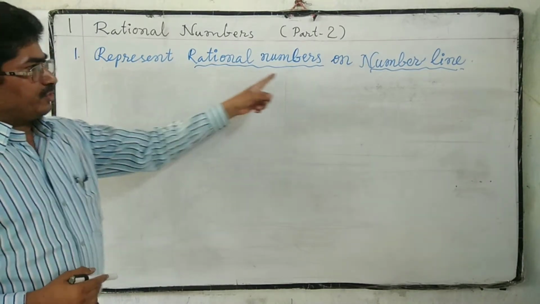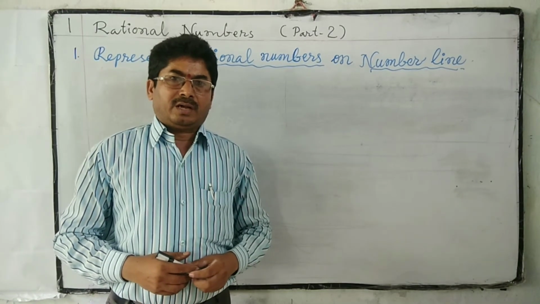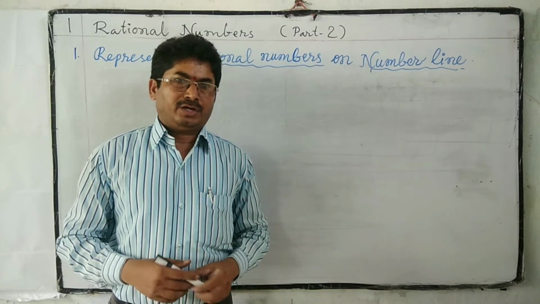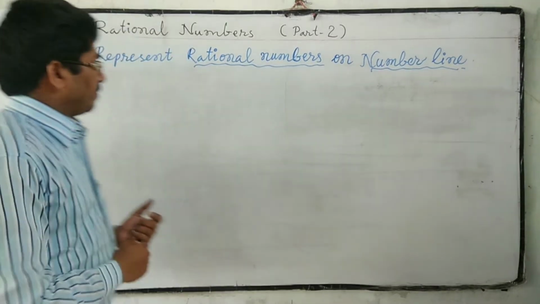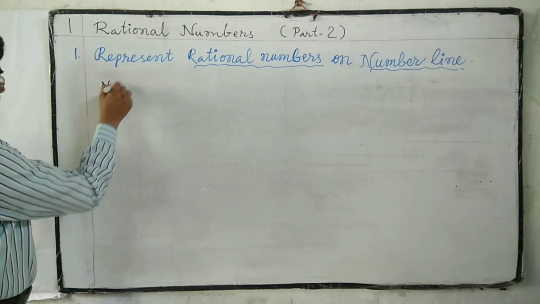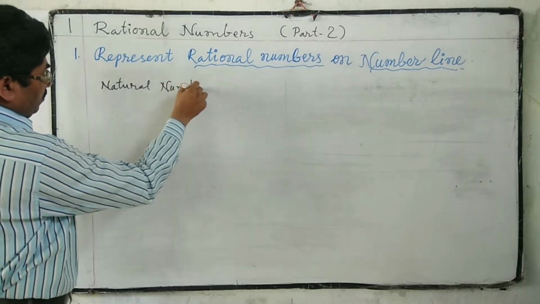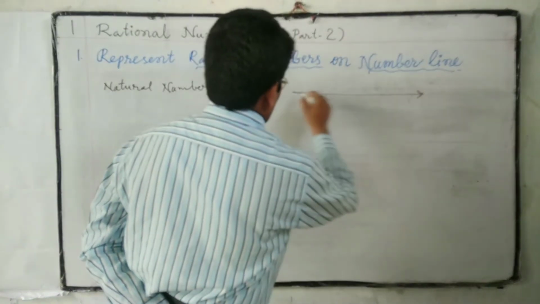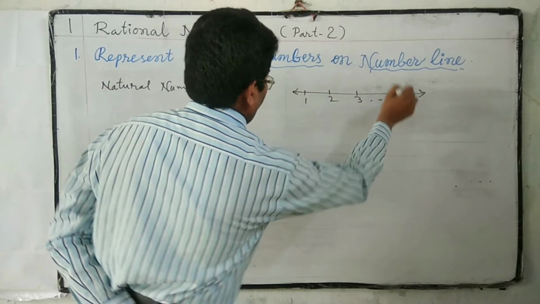First, represent rational numbers on number line. We know very well how to represent natural numbers on number line, whole numbers on number line, and integers on number line. Let us see those ones. Natural numbers, N, on number line, and so on.